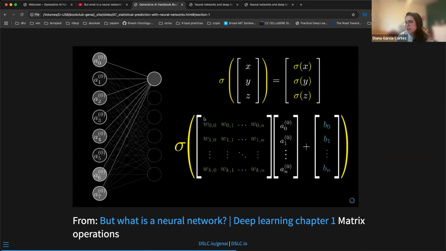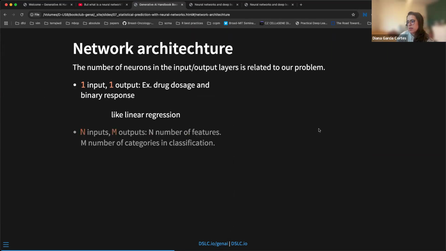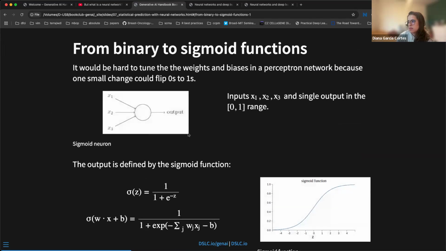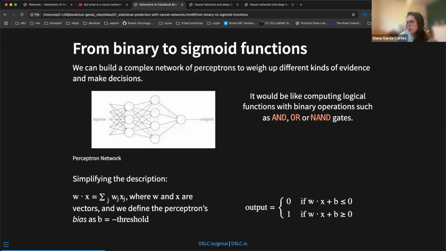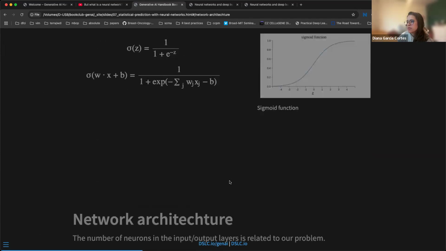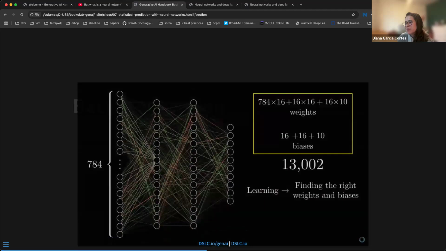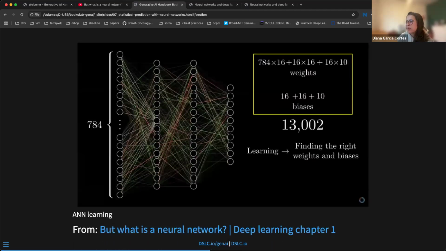The sigma function associates each of the weights of our links with the activation values, and we sum the biases, as we said in the function to define each of the neurons. So that's what learning means for our neural networks.